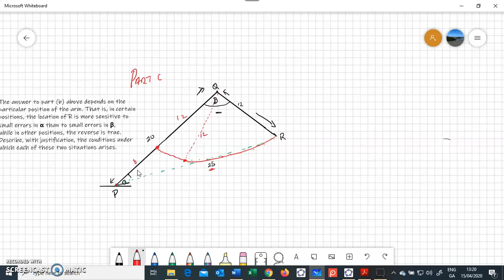So what determines the error at this point is that the error is going to be bigger in relation to the angle beta than in the angle alpha. Basically, when PR is greater than 12, the error is greater in alpha.